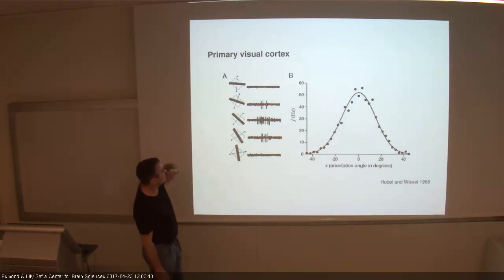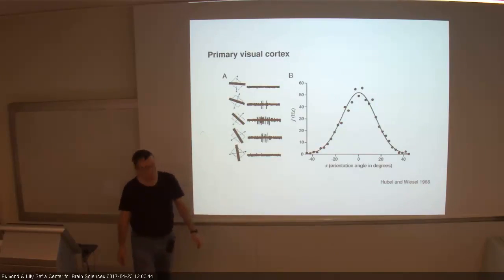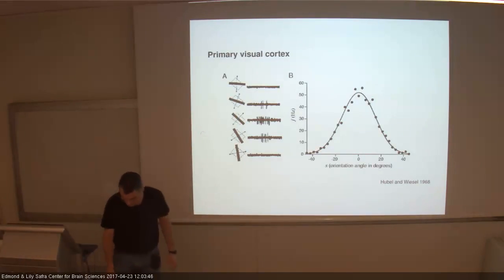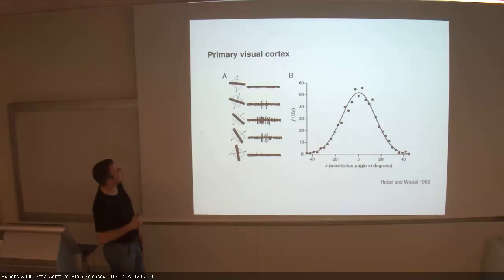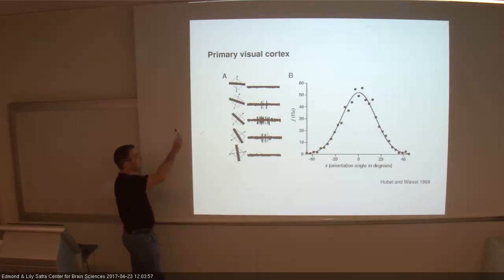So what you see here is from the original paper of Hubel and Wiesel. You present a moving bar to, I can't remember whether this is a cat or a monkey, but I think this is a cat.